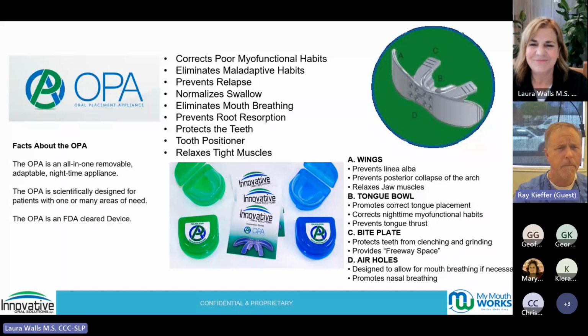So I felt like Laura was managing the issues with linea alba and scalloping that I had become aware of. And I felt like people, as long as they were good at doing their exercises and therapy, could manage it during the day.